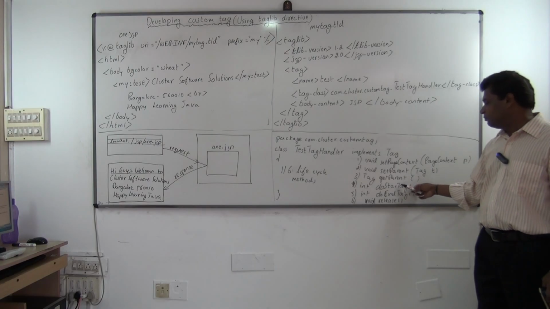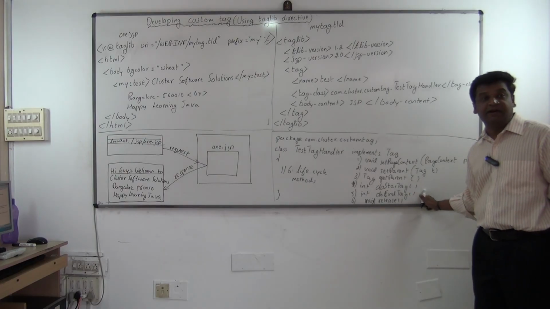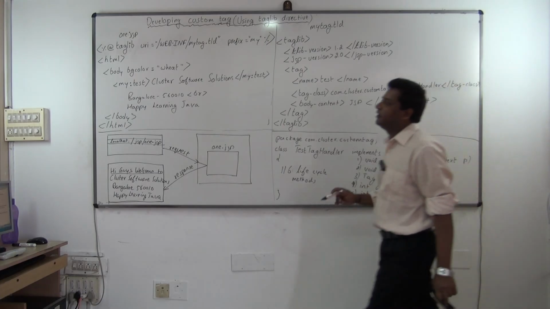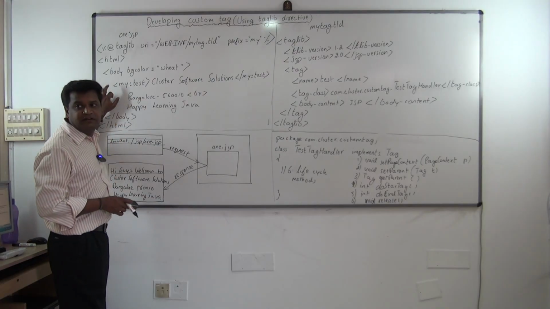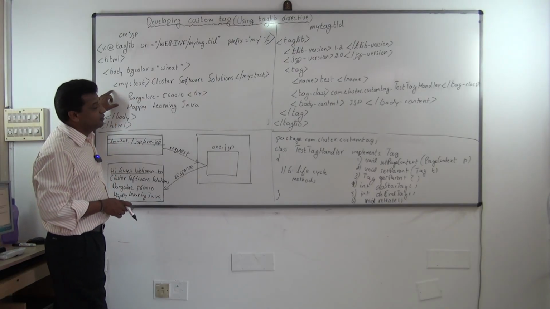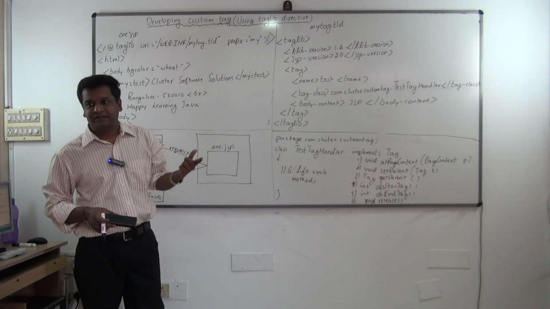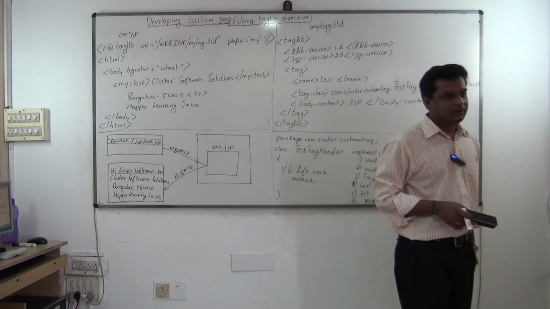We'll concentrate more on doStartTag and doEndTag now. We are going to override all the 6 methods and write logic in them. So this is how it will happen. See, when the tag goes on to execute, my colon test, if you want to do anything when the tag starts executing, that logic you'll write in which method? doStartTag.